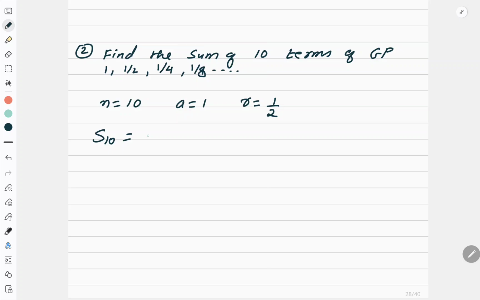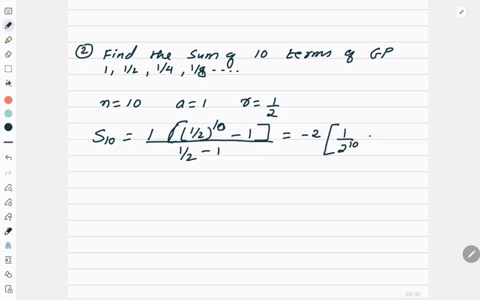S10 is equal to A (r to the power n minus 1), n is 10, so I'll put here 10, upon r minus 1. So now 1 by 2 minus 1 is what? Minus 1 by 2. So minus 1 by 2 in the denominator, so 2 in the numerator. And here 1 upon 2 to the power 10 minus 1.